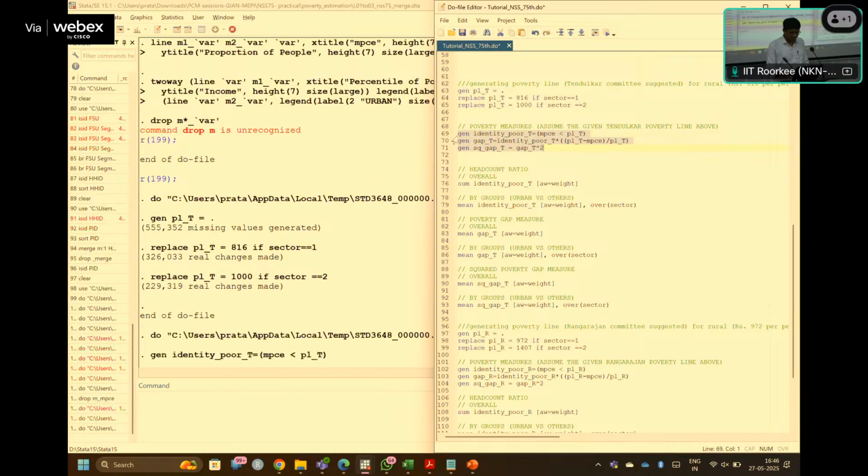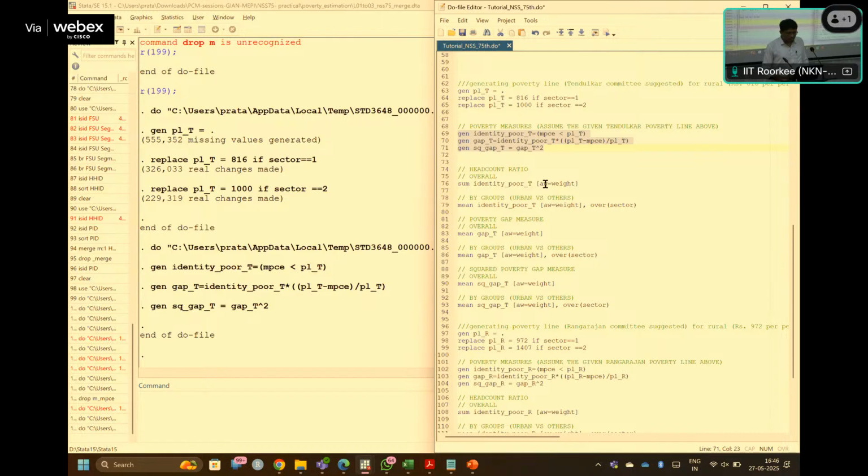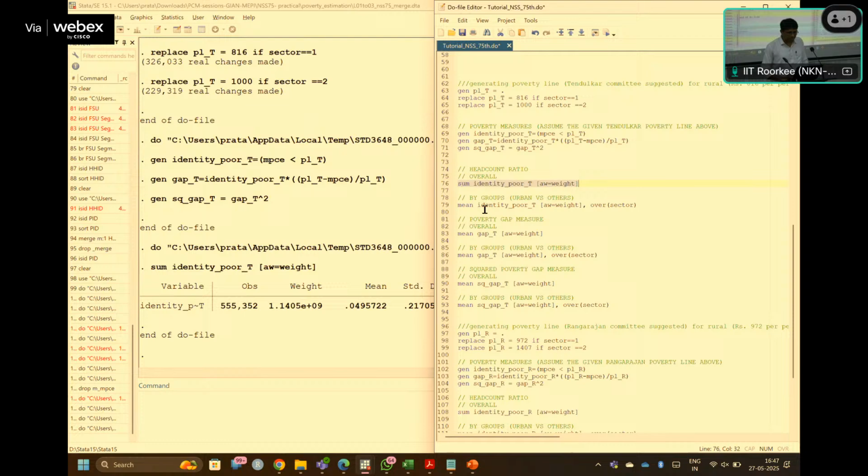In place of the headcount ratio, we can also change this to the mean. I'll check with the overall first, then we'll check with the mean value.